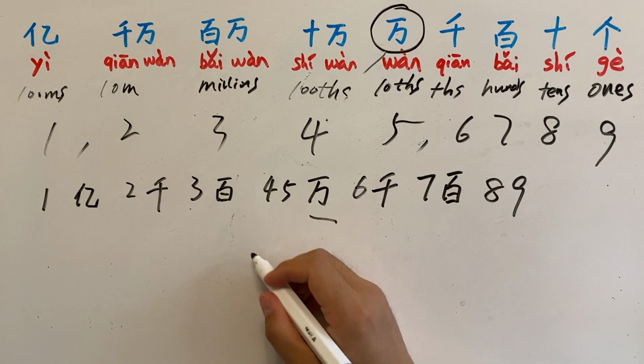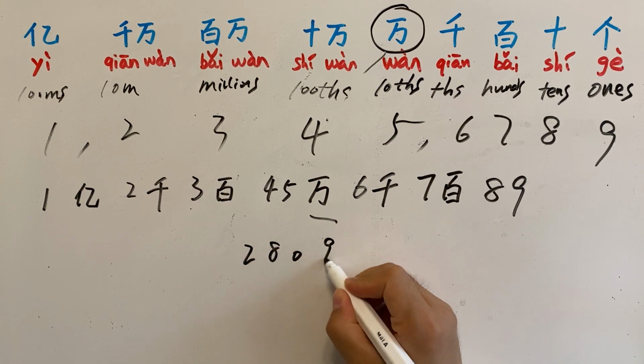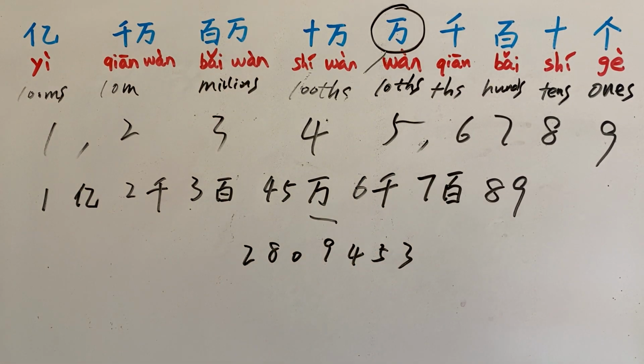We'll write another number. Right here, four digits, comma. 280, and this comma is 万. Then it is 280万9453.